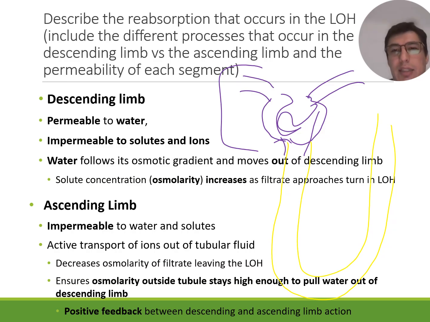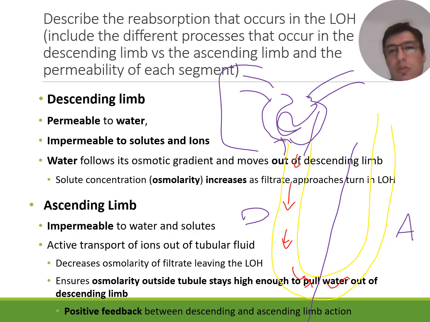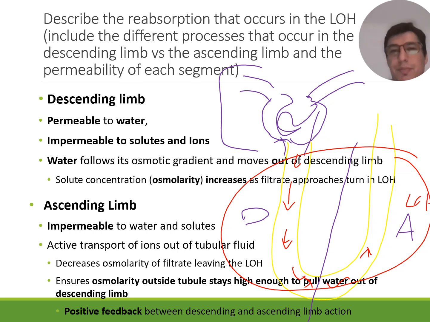The loop of Henle is divided into two sections, the descending limb and the ascending limb. Remember that the flow of that filtrate goes from the filtration unit, down the descending limb, to the ascending limb, and this is all termed the loop of Henle or nephron loop.